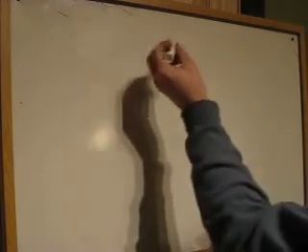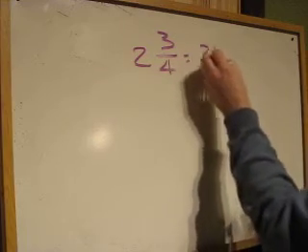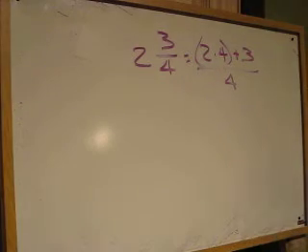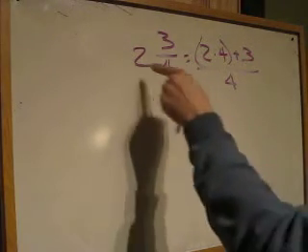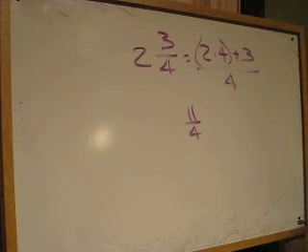So let's just try a couple of those. 2 3/4. That is 2 times 4 plus 3 over our original denominator 4. So 2 times 4 is 8, plus 3 is 11. 11 over 4 then is our answer.